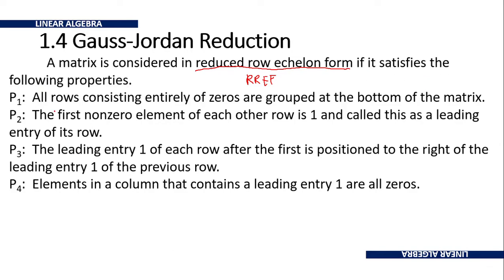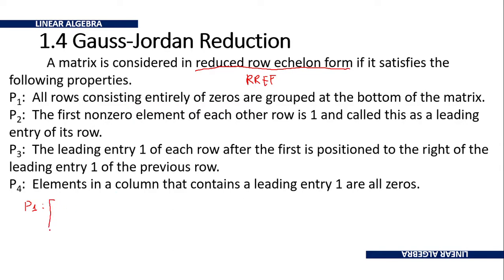So, explain ko itong apat na properties para maintindihan nyo. Okay? So, itong mga properties daw na ito, kapag nasatisfy, ibig sabihin, yung matrix natin is in reduced row echelon form. Okay? So, first property tayo, P1. Okay? So, basahin ko lang. All rows consisting entirely of zeros are grouped at the bottom of the matrix. Okay? So, paano daw yung property number 1?